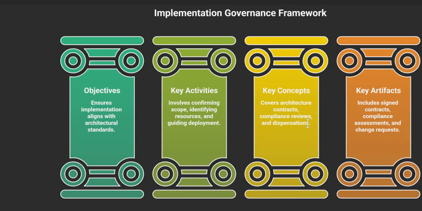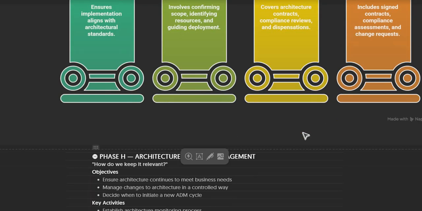Here the objective is to ensure the implementation aligns with the stakeholders, architecture standards, and stakeholder concerns. Key activities involve confirming the scope, identifying the resources, and guiding the deployment. Key concepts are contracts and compliance review, as I said. Key artifacts include the signed contract, compliance assessment, and change request.